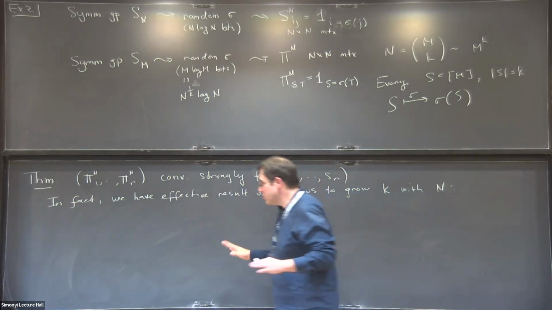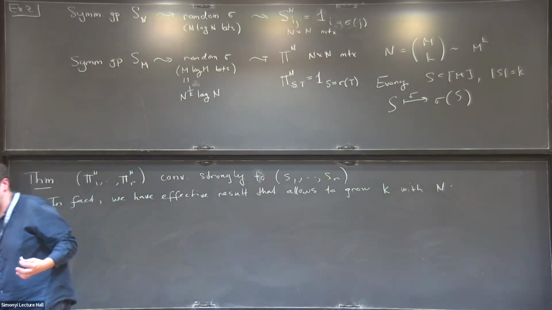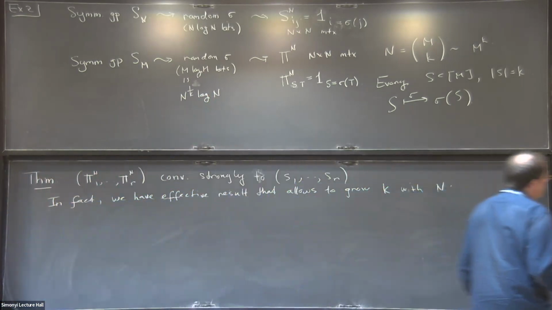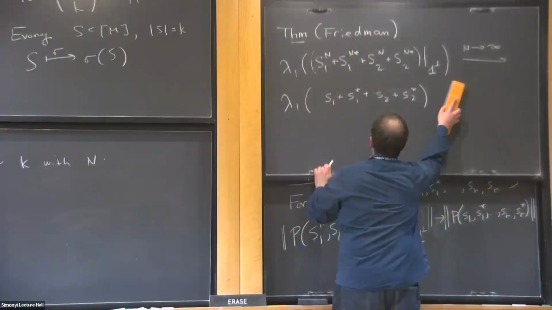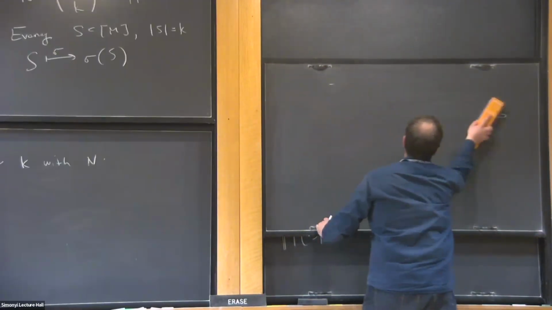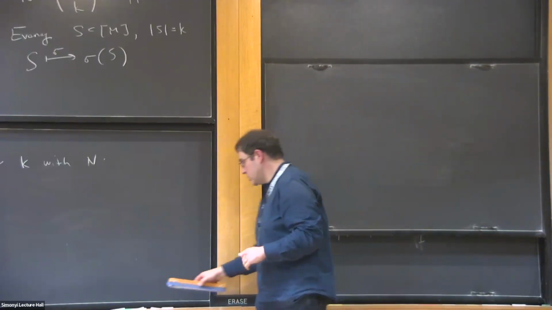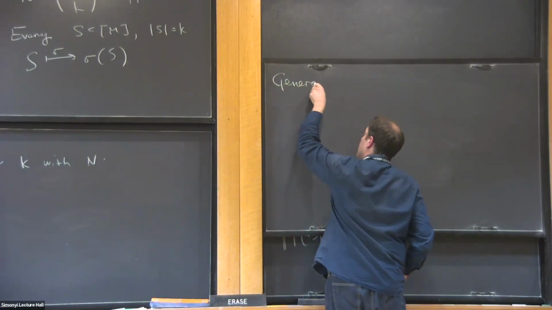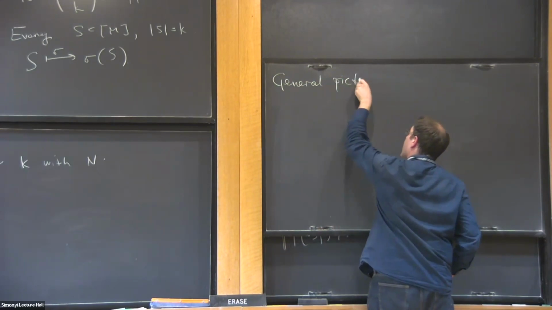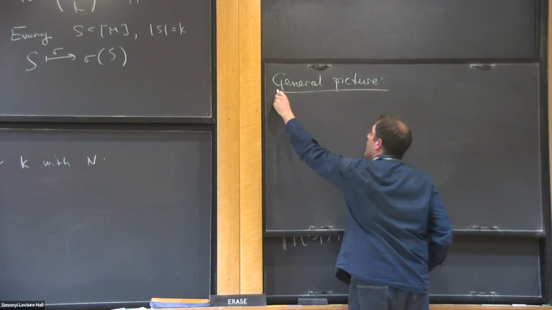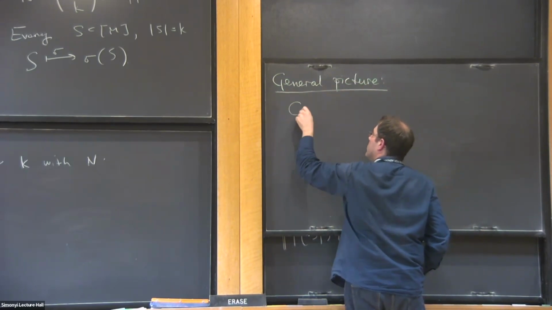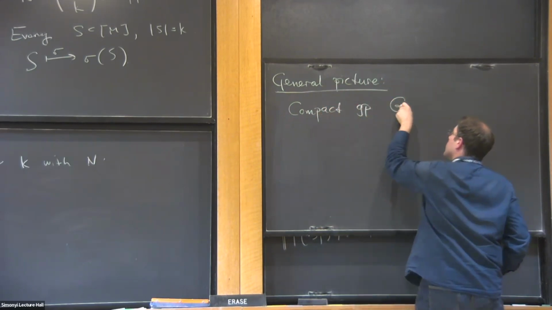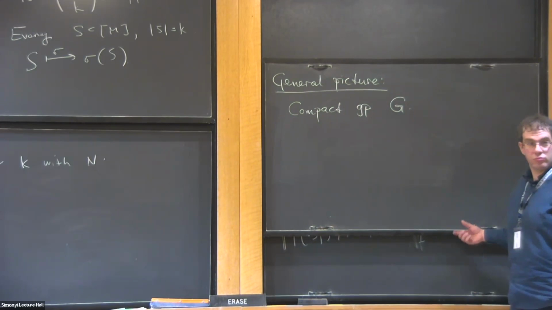So let me just give you the general context. This is just an example. I like it because it's concrete and it's easy to visualize. But there's a kind of general picture here, which is that we take any compact group.